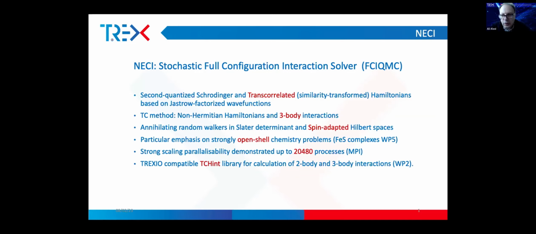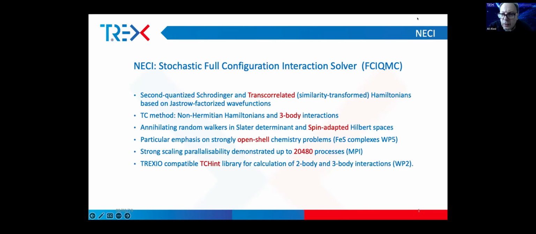And I will say a few words about the NACI code, which, as Claudia mentioned, is a stochastic full CI solver, which means that it is working within a quantum chemical description of the Schrödinger equation.